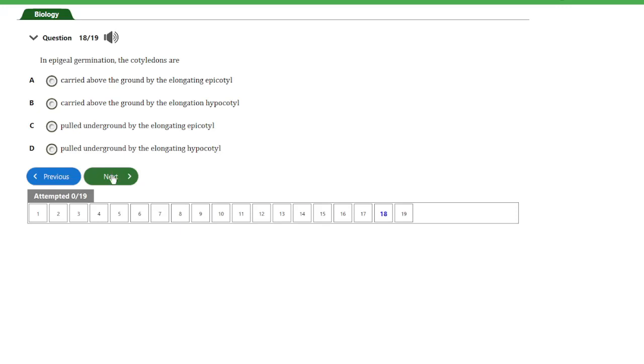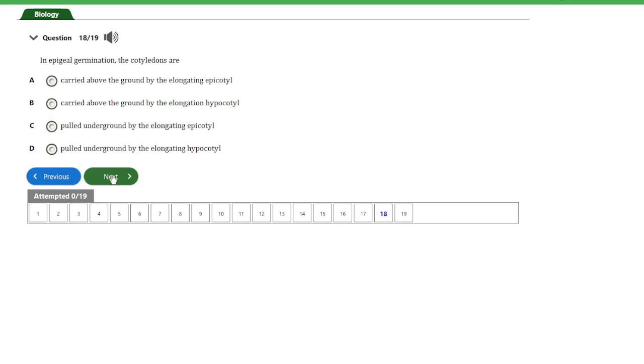So let's look at the next question, guys, and that's question number 18. The question says, in epigeal germination, the cotyledons are A, carried above the ground by the elongation of epicotyl, B, carried above the ground by elongation of hypocotyl, C, pulled underground by elongation of epicotyl, and D, pulled underground by elongation of hypocotyl.